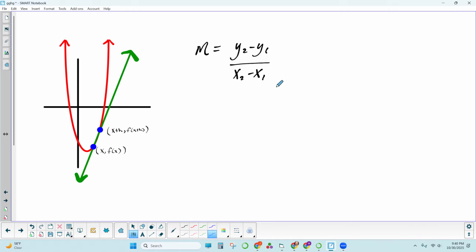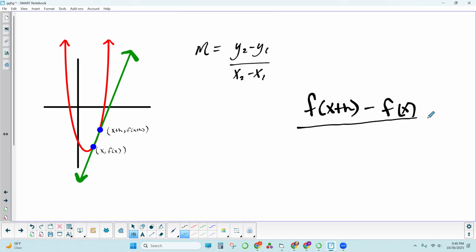Here's the slope formula, which is just y2 minus y1 divided by x2 minus x1. If I plug these points in, y2 would be f of x plus h, minus y1, which would be f of x, divided by x2, which would be x plus h, minus x1, which would be x.